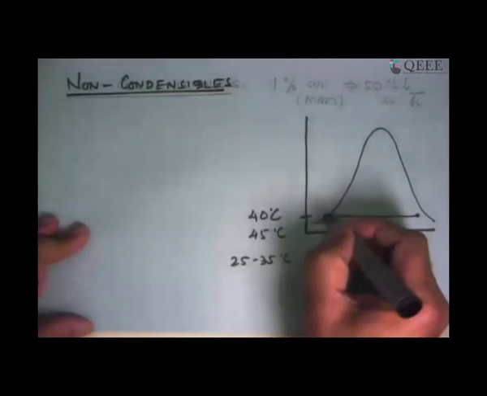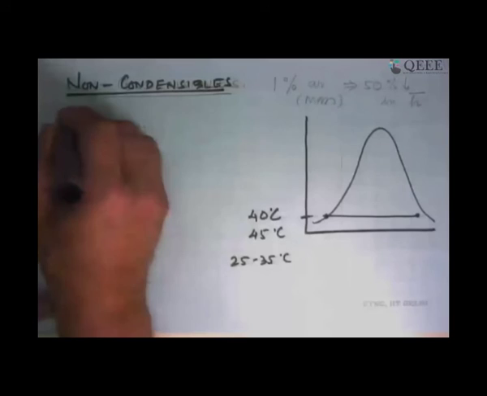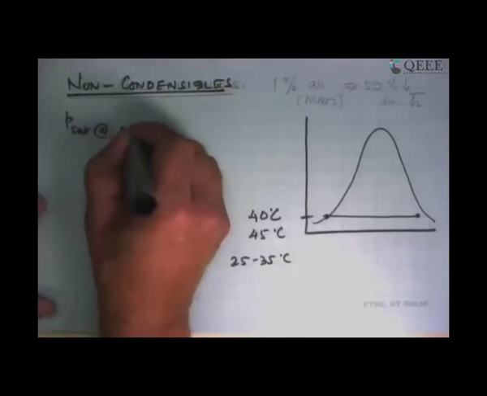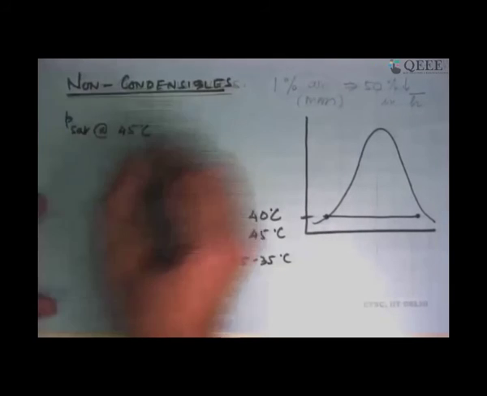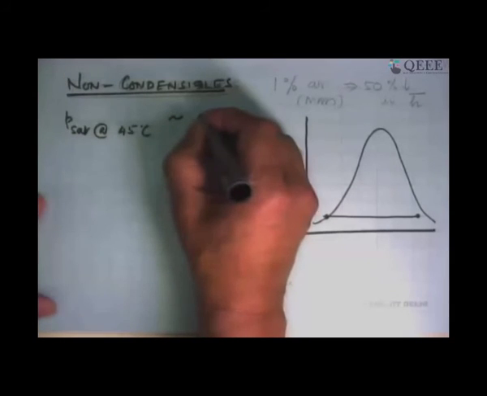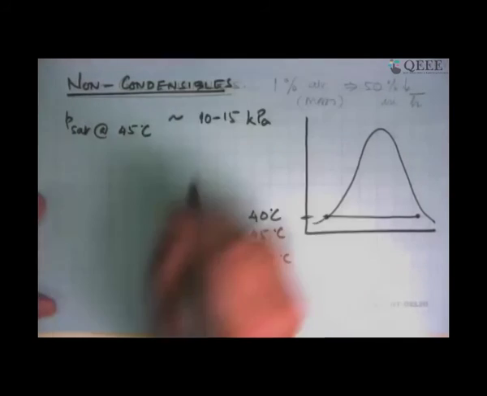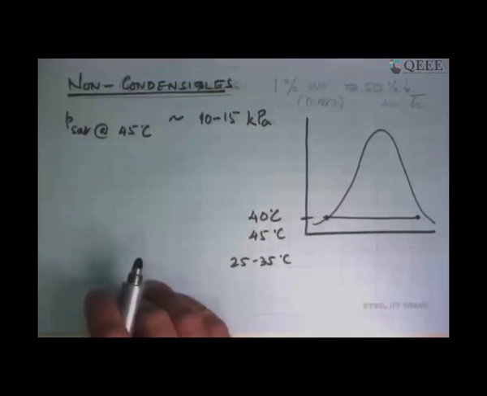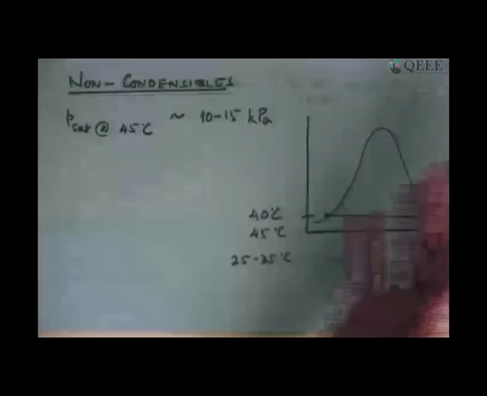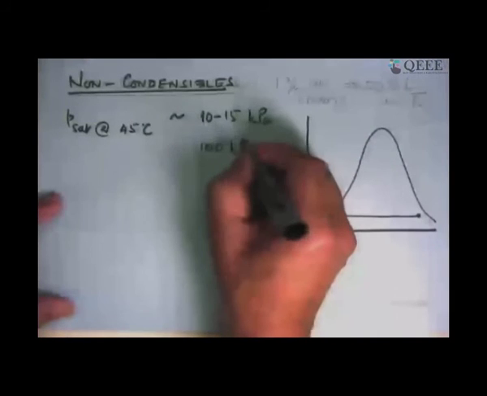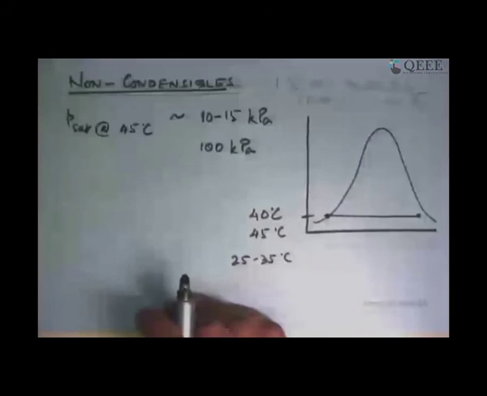So the pressure inside this condenser will be Tsat at, say, 45 degrees Celsius, which is of the order of 10 to 15 kilopascal. And ambient pressure in which the whole turbine sits and the condenser sits is 100 kilopascal.